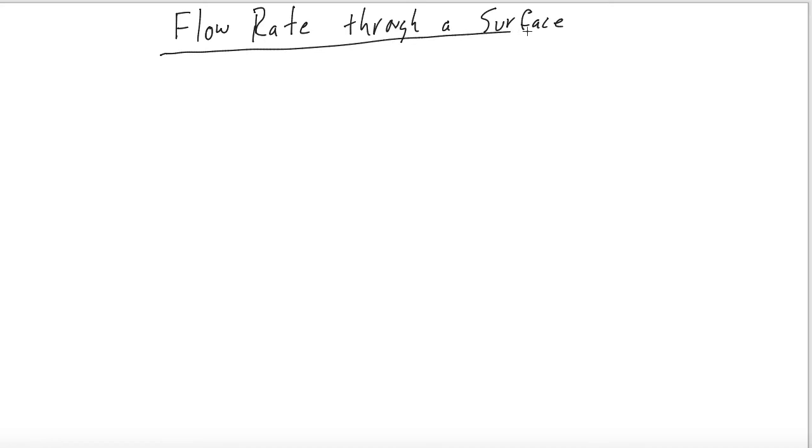I'm just going to talk briefly about flow rate and do one example. Flow rate through a surface can be found, which is just a calculation of flux.